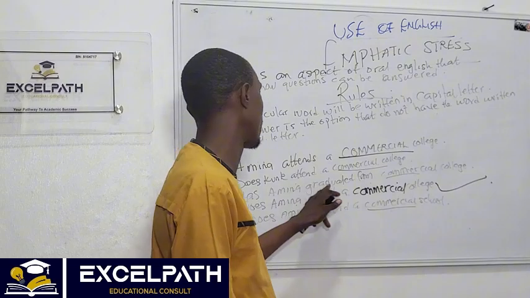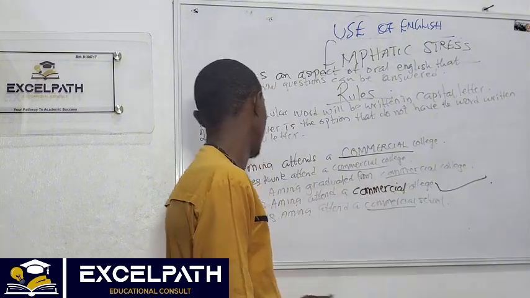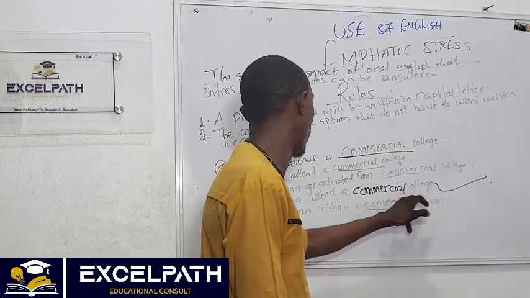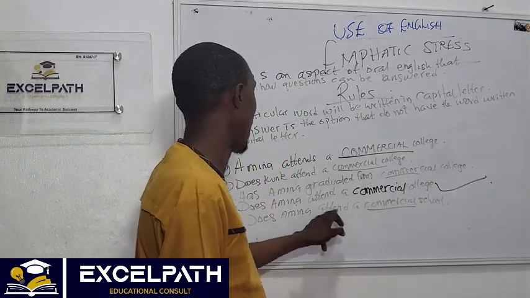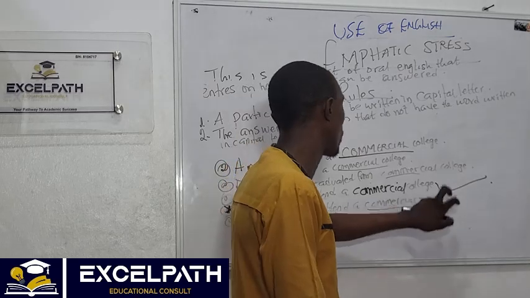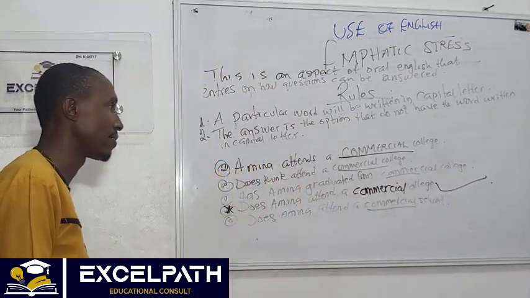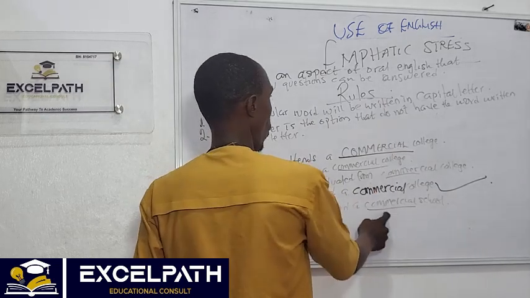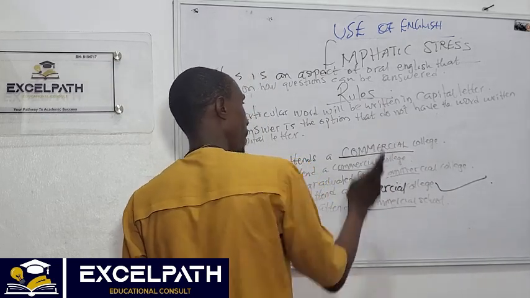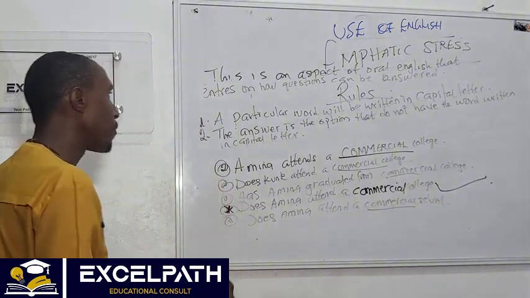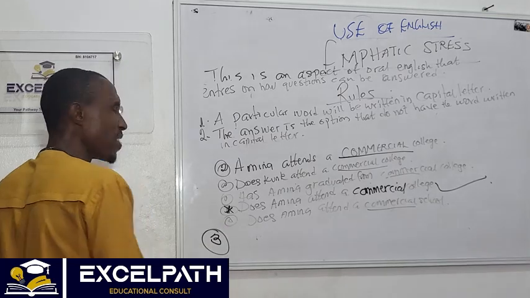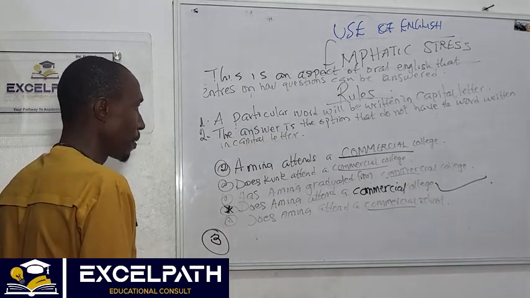Has Amina graduated from commercial college? Does Amina attend a commercial college? Does Amina attend a commercial school? Can you see that now? So here, everything is commercial. So if you have a question of this type, then that turns to principle 3.